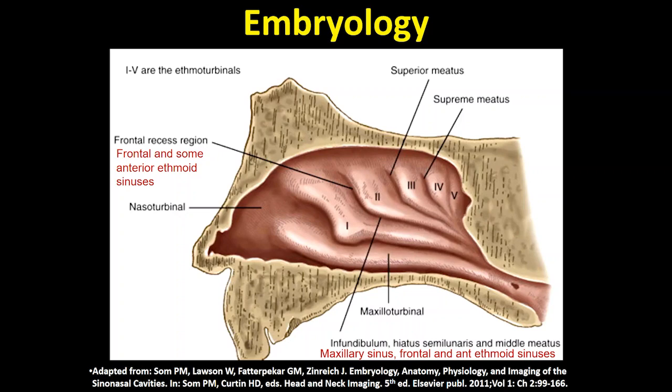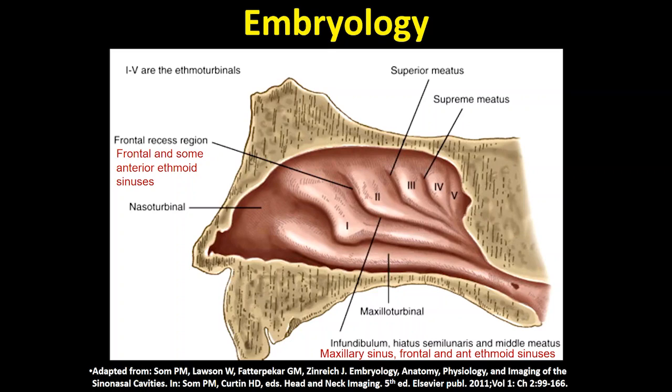The second furrow lies between the second and the third ethmoturbinal and contributes to the superior meatus. The third furrow lies between the third and fourth ethmoturbinal and corresponds to the supreme meatus.